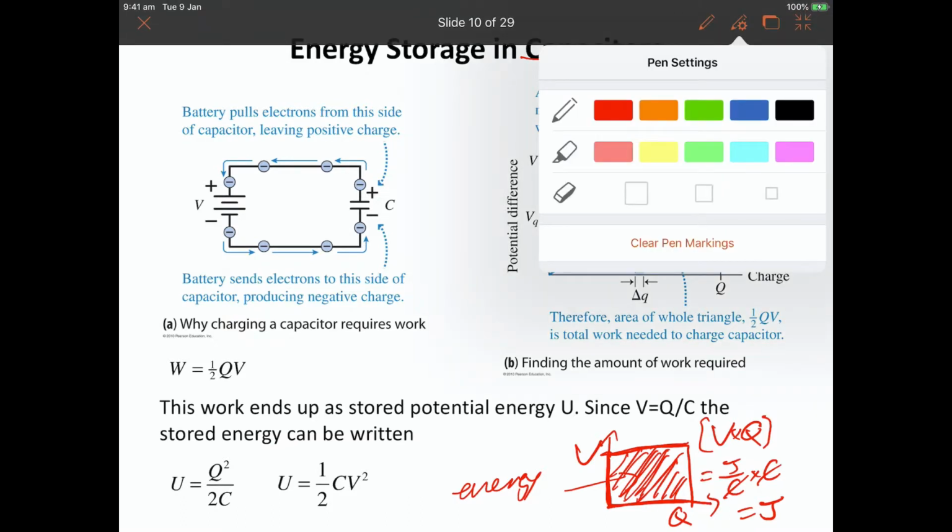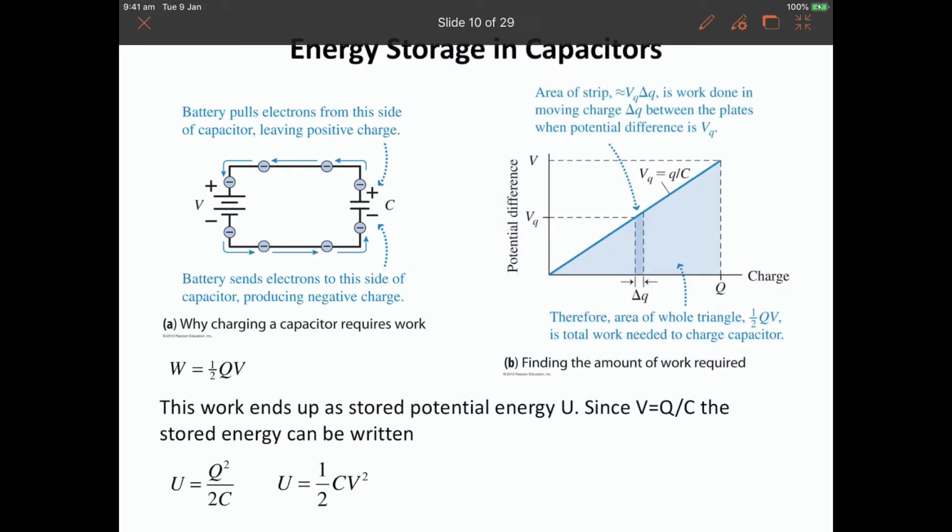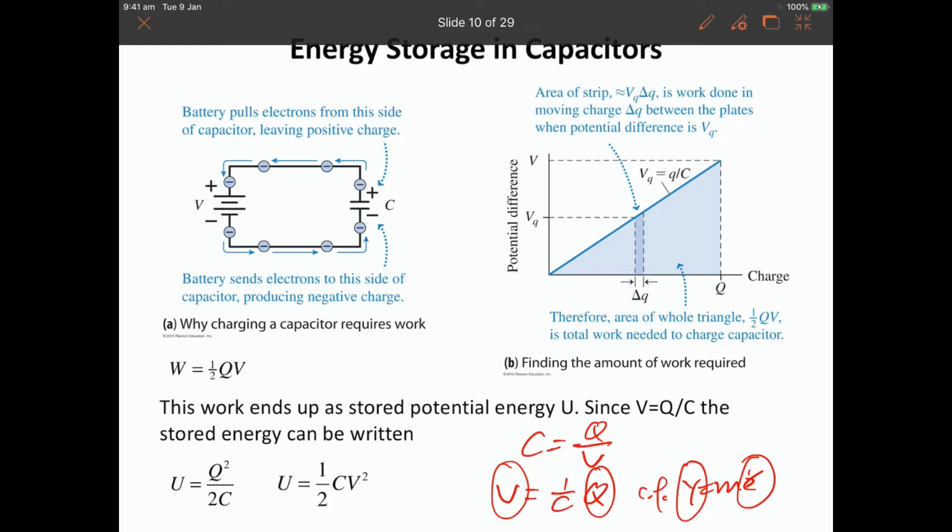So if we look at how we do it, go back to the definition C equal to Q over V. Now you rearrange, V is equal to 1 over C times Q. Can you see it? Now if you compare with y equal to mx, this is your y-axis, this is your x, so your slope is 1 over C. So if you plot V versus Q, this is your straight line because 1 over C is constant.